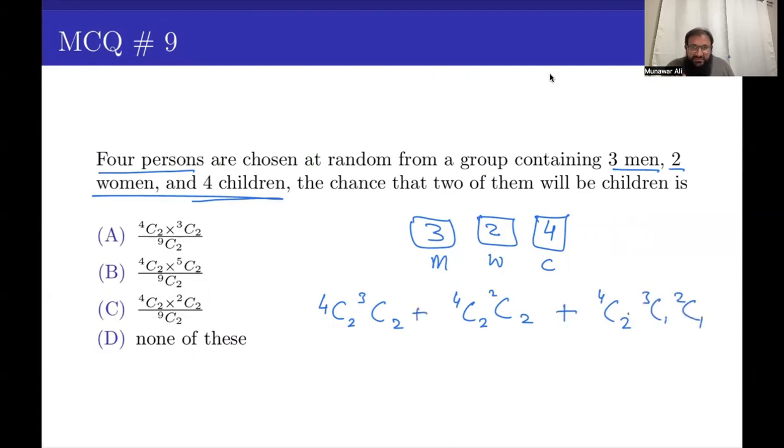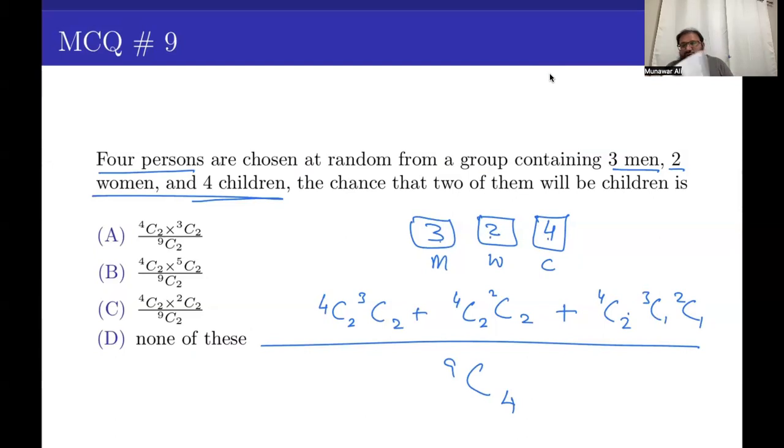So these are the number of ways that I want, and the total number of ways is how many people are there. There are 3 plus 2, 5 plus 4, 9 people, and I'm going to choose 4 out of those. This is my answer, but I cannot see this option anywhere. So obviously it's going to be none of these.